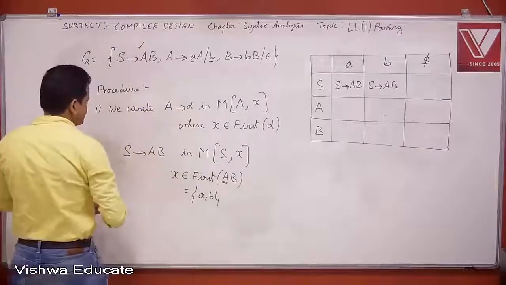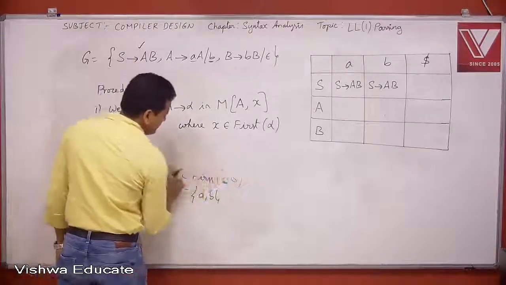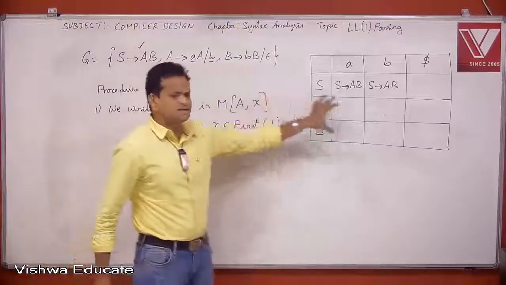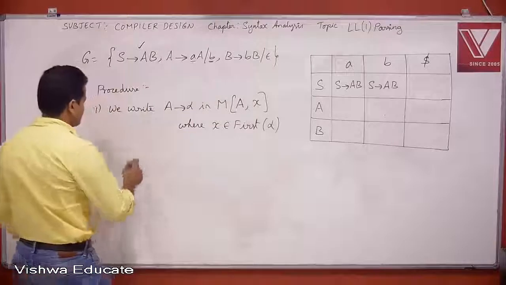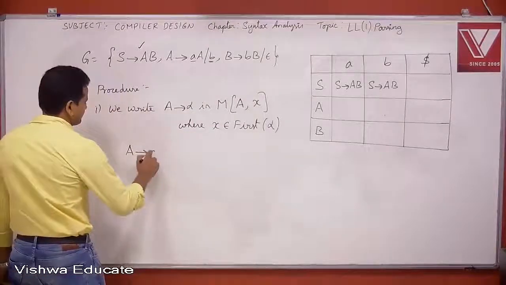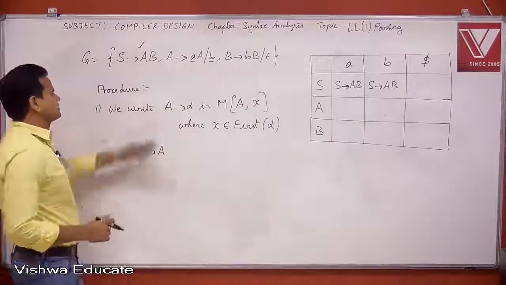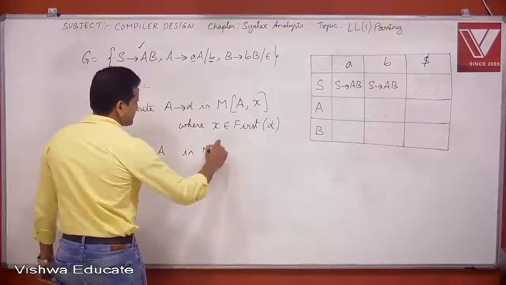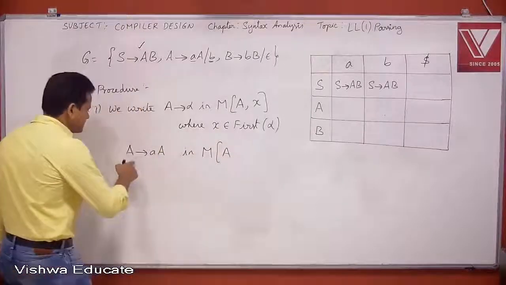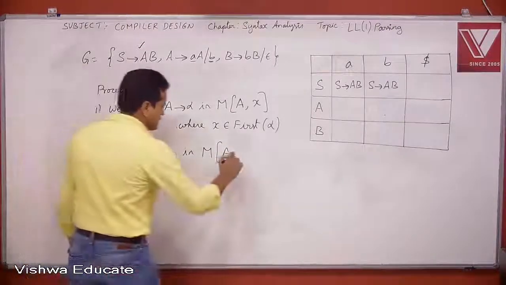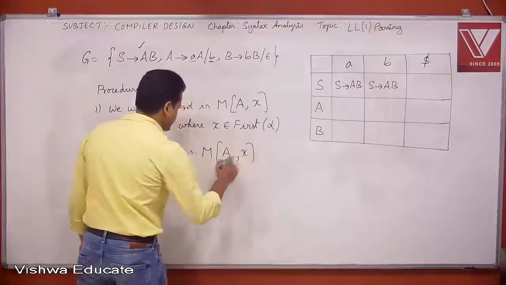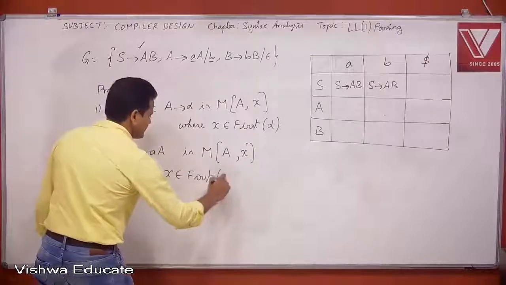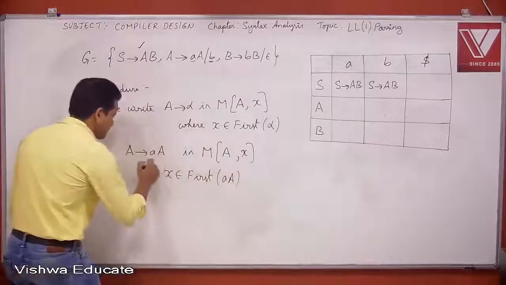So like this, we must take every production in the grammar, and for every production we make the entry. Next, we take A derives AA. We must write this production in the A row because it is a production of A, and x column. What is x here? x is first of alpha.